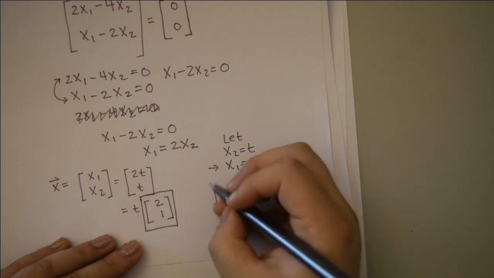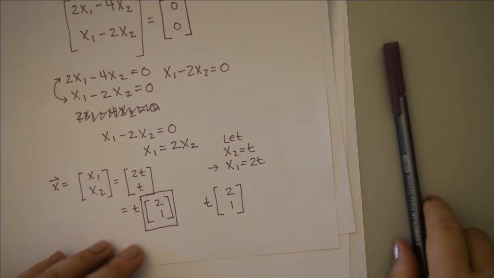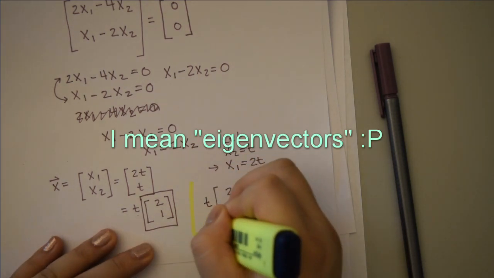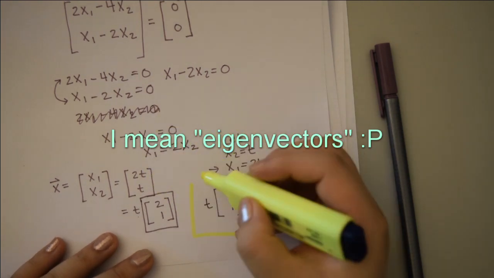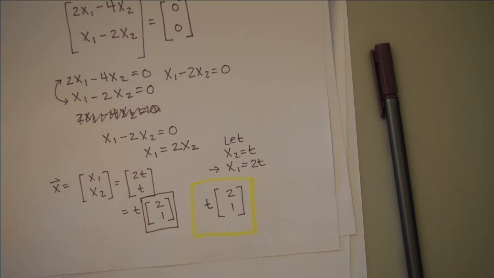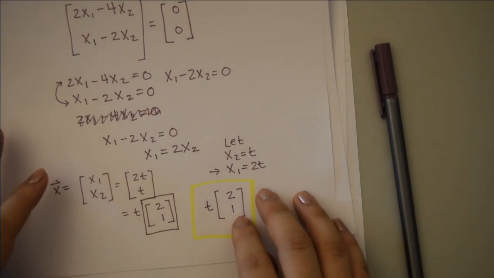But really, all vectors of this form are eigenvectors associated with lambda equals 4. So notice that there's going to be infinitely many, and as long as t is a scalar and x1 and x2 are related in this way, we have an eigenvector. So there will be infinitely many. So t doesn't actually have to be 1.